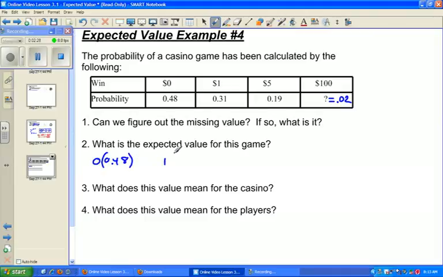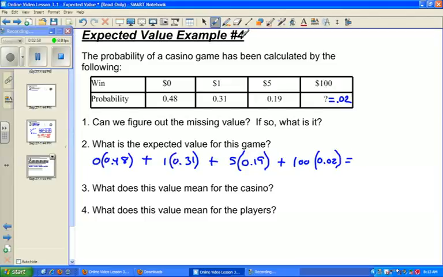Outcome 1 times its probability, which is 0.31. Outcome is $5, its probability is 0.19. Outcome of $100, and its probability is 0.02. Multiply all the outcomes by the probabilities and add the results. That is the formula for expected value.